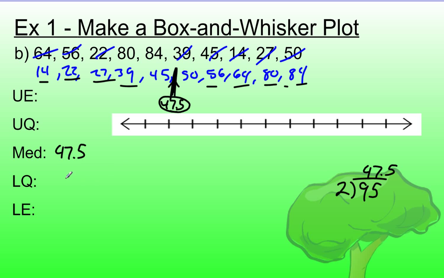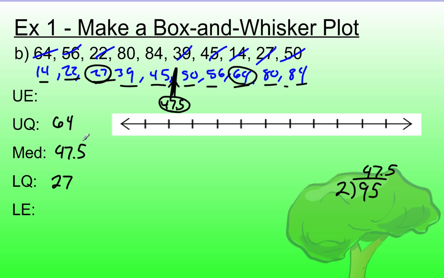So that's the middle. Now we're going to find our quartiles. On each half, I have these 5 numbers. What's the middle of those 5? Well, 64. That is the upper quartile. Down here I've got 5 numbers. The middle one is 27.